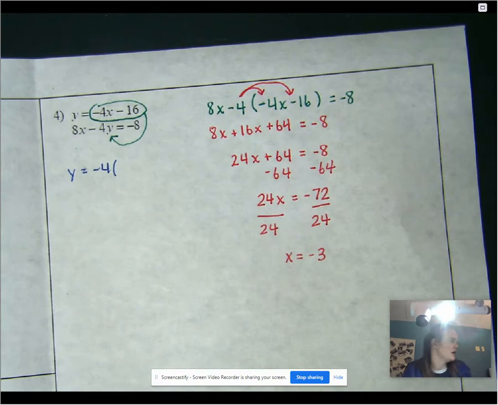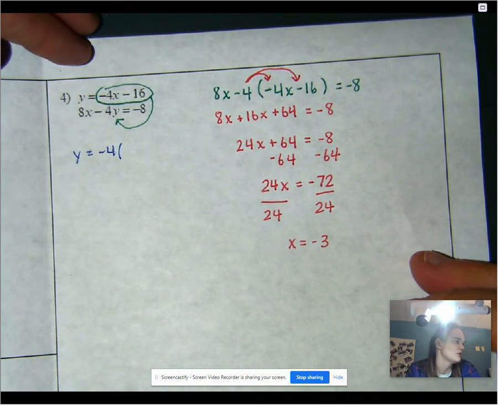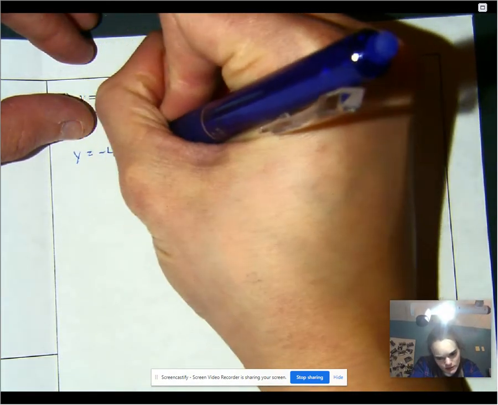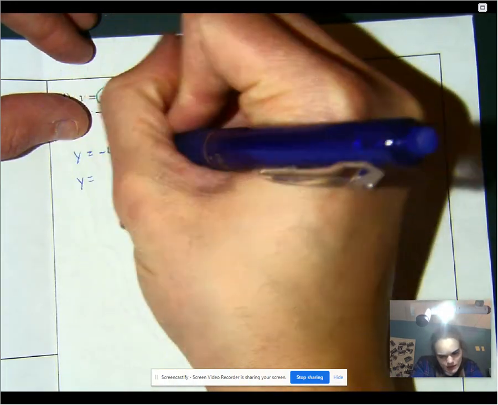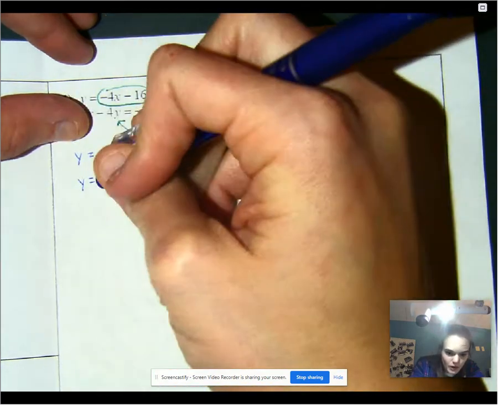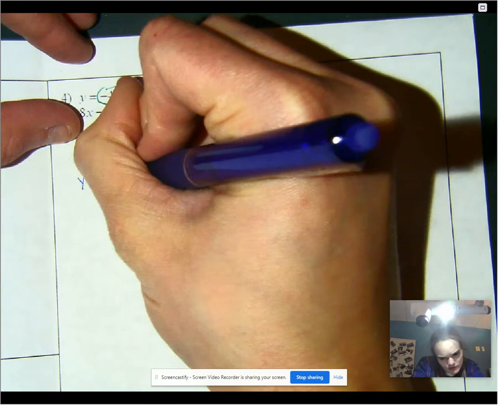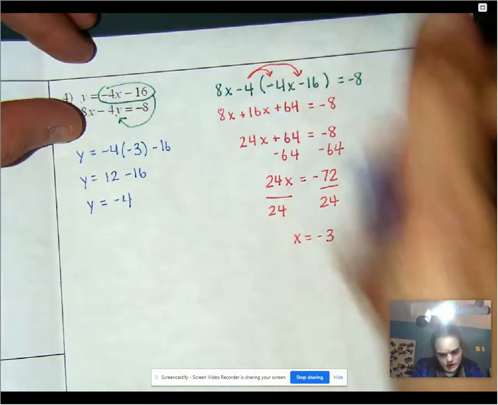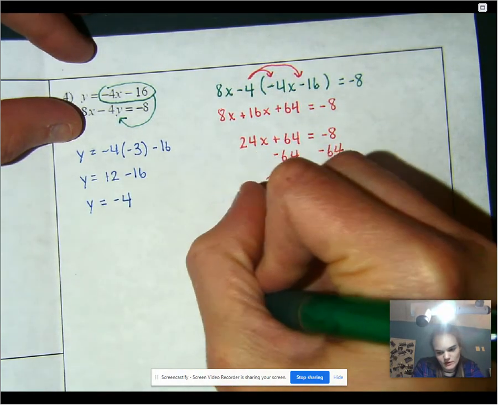Remember, you always plug it in the y equals one or whichever one is equals. We don't have any x equals in this situation, but that's what we would do. So y is negative 4 times negative 3, which is positive 12, minus 16. So 12 minus 16 is negative 4. Do not forget, last step, write it as a coordinate. x, then y.